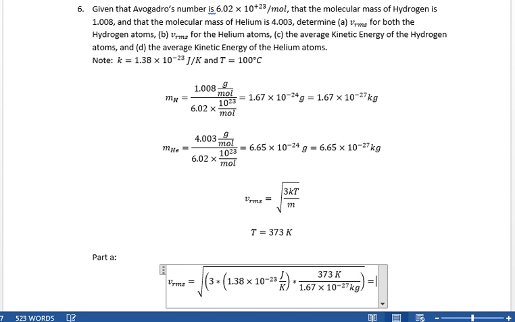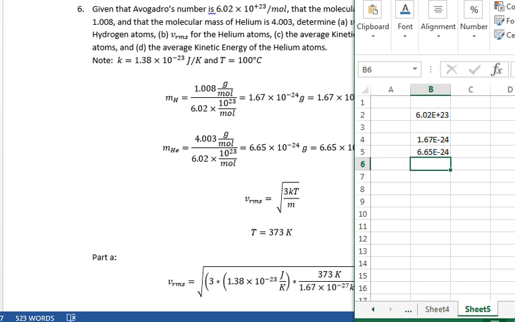The Kelvin are going to cancel out. The joules per kilogram are going to conspire to give us meters squared per second squared. And so we're going to end up with meters per second at the end of the day.